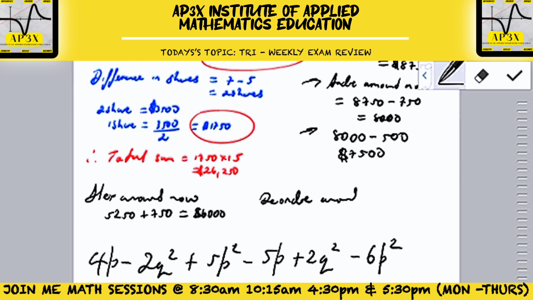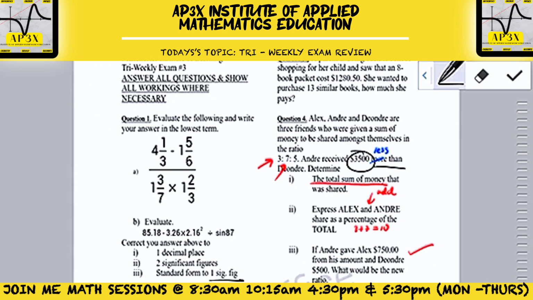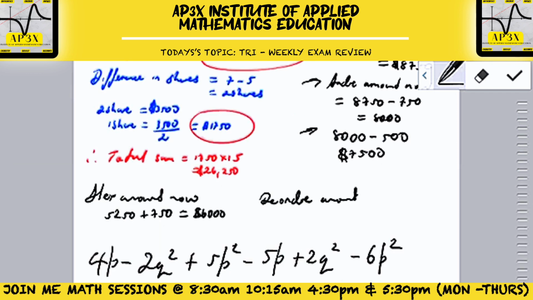DeAndre's amount at the moment, let's go back to the question. She got 5 shares, so it would have been 5 multiplied by 1750, pardon me.